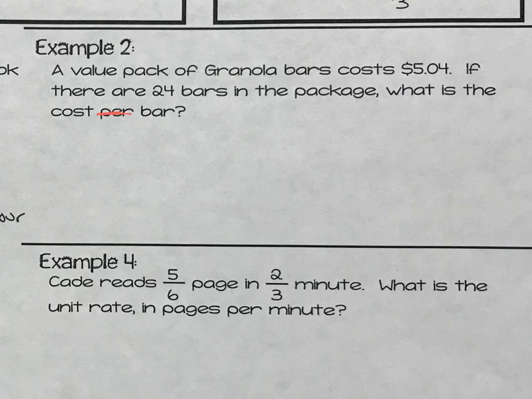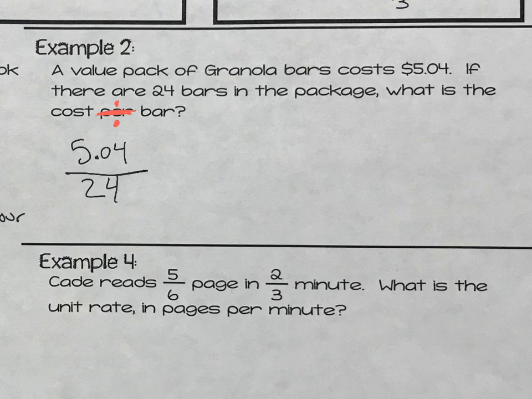I can scratch out this per, turn it into division. My strategy is to take the cost and divide it by the number of bars. So how much did it cost? I'm going to put that in the numerator, 5.04. And then how many bars are in the package? Oh, 24.